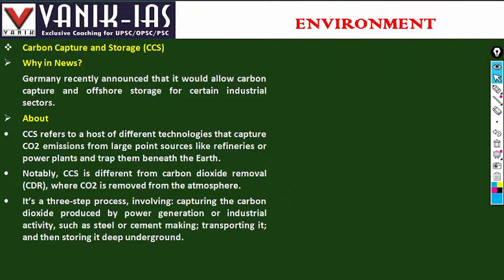First is capturing the carbon dioxide emitted, next is transporting it, third is storing it beneath the earth.